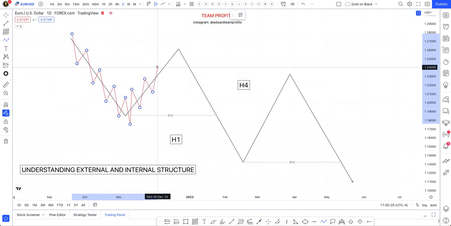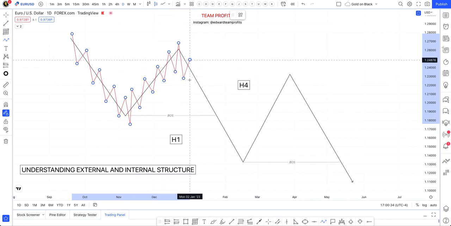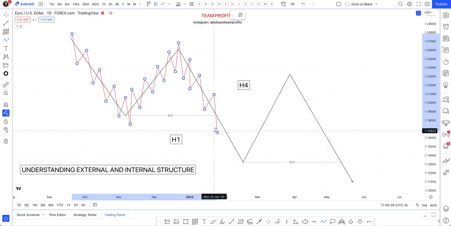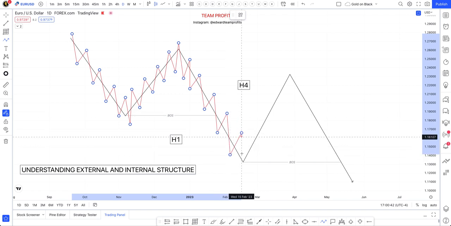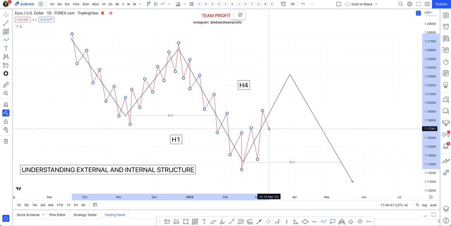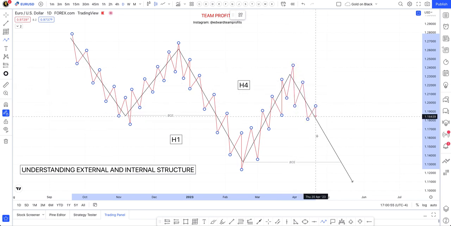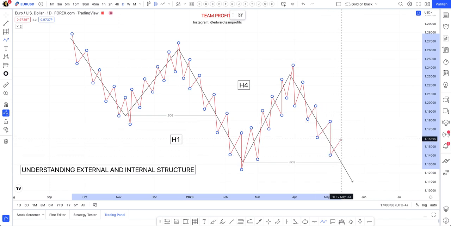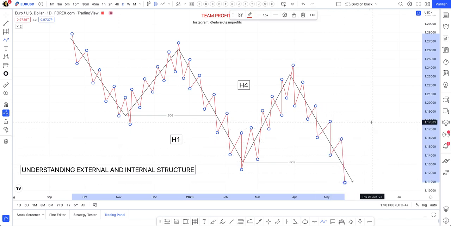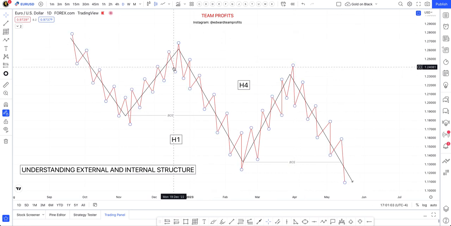What is actually happening right here is the market is having its internal structure, by zooming into smaller time frames. You're going to have buy opportunities and also sell opportunities. You have to understand that that will actually happen. The red lines, of course, are our internal structure.